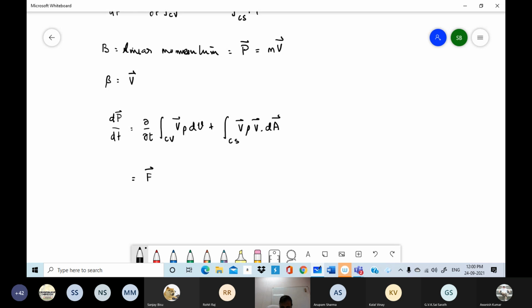One is, what is the rate of change of linear momentum of the fluid? For that, I have to evaluate these terms.